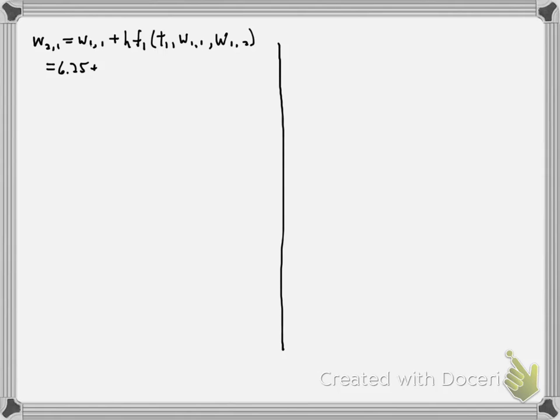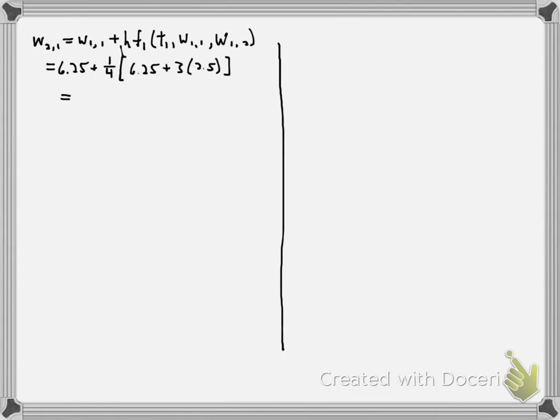And then plus our h, which is 1/4, times, we evaluate our function at t1, w11, w12, and so our function was y1 plus 3y2, so that turns into w11, which is 6.25, plus 3 times w12, which was 2.5.